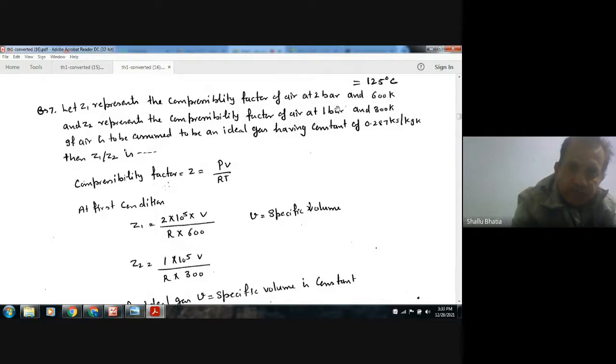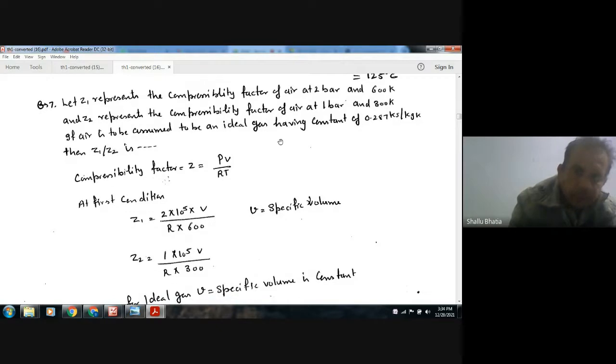At initial pressure, temperature, and R. Now pressure, temperature are given, and volume is not given. Okay, and v is specific volume.